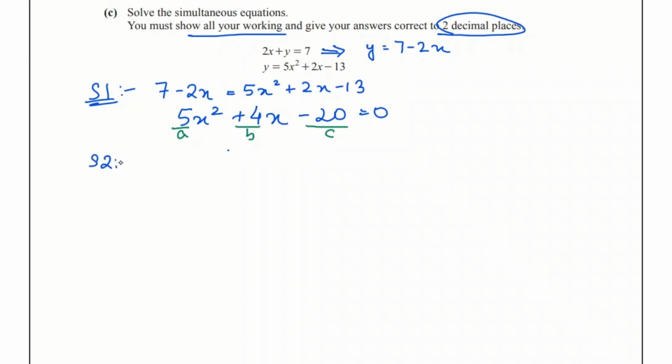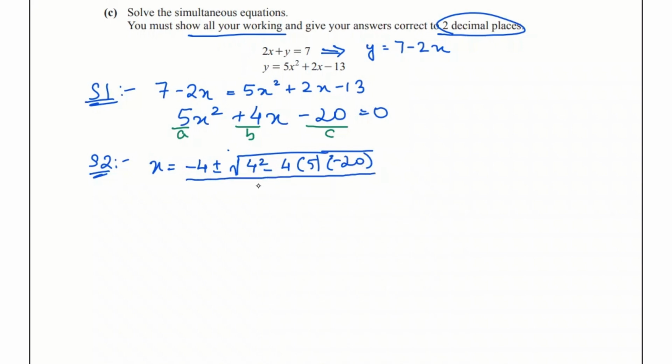Here step 2 is quadratic formula. So x is equals to minus b plus or minus under root b square minus 4ac whole upon 2a.